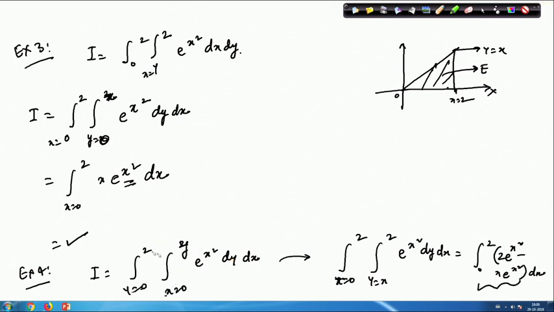So just by starting with a different form of integral, we can see that changing the order of integration may not always help. So sometimes it is useful, sometimes it is not, but most of the time it is useful. In this example it becomes rather complicated to integrate, especially the first term. So sometimes we don't have to change the order of integration, but most of the time we do.